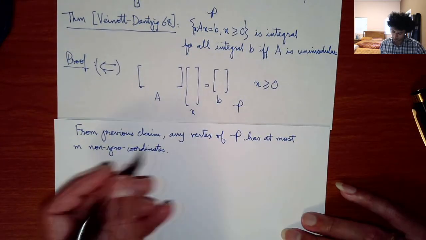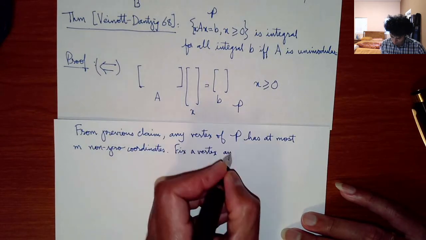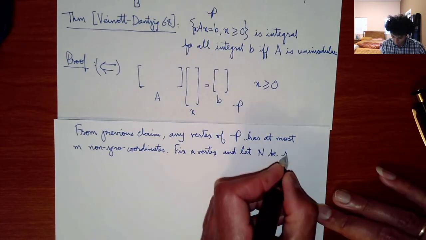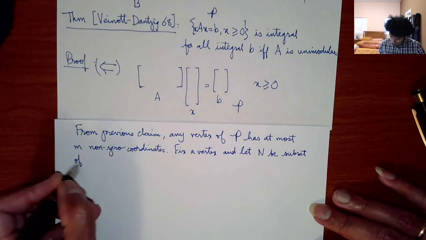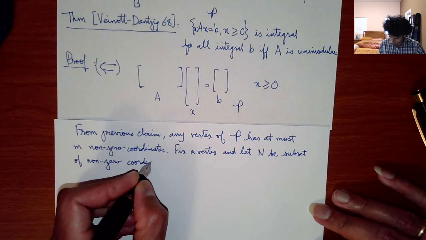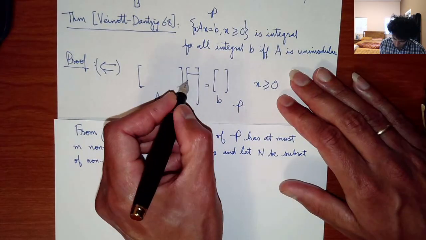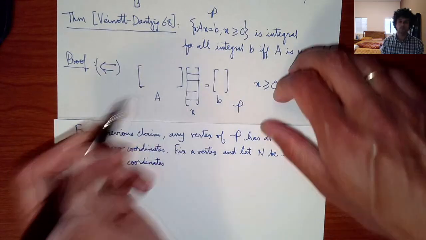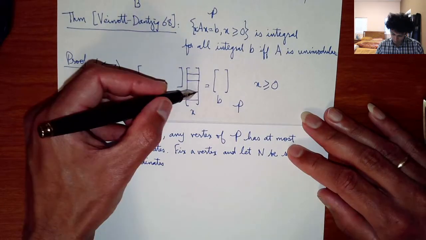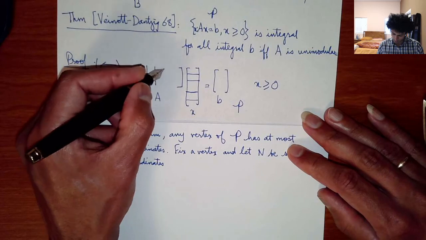Okay, so fix a vertex, and let N be the subset of non-zero coordinates. So here maybe a bunch of things over here, and these will translate to some columns here.